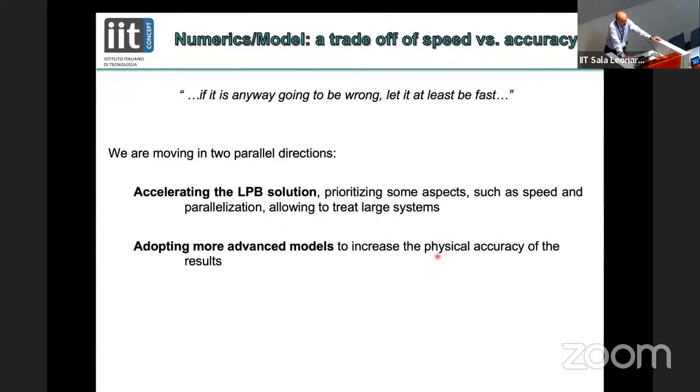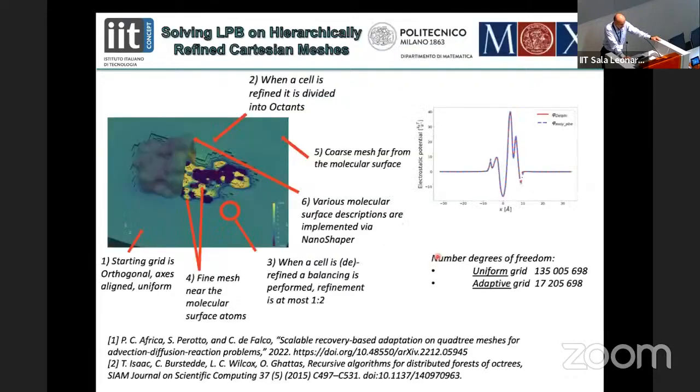And on the other side, to see whether we can do something better than the traditional nonlinear Poisson-Boltzmann in order to describe different ions, to better describe some of the systems that Thomas was talking about yesterday, to reproduce the Hofmeister series, for example.